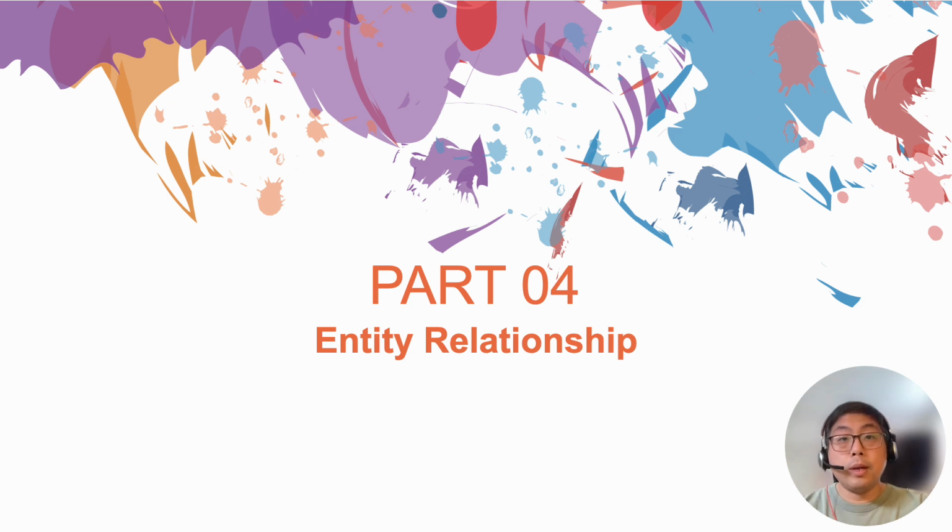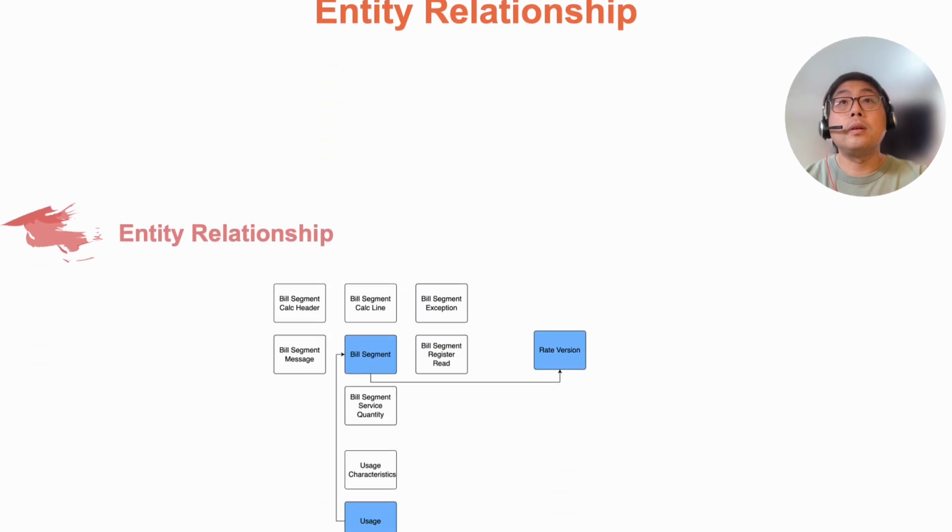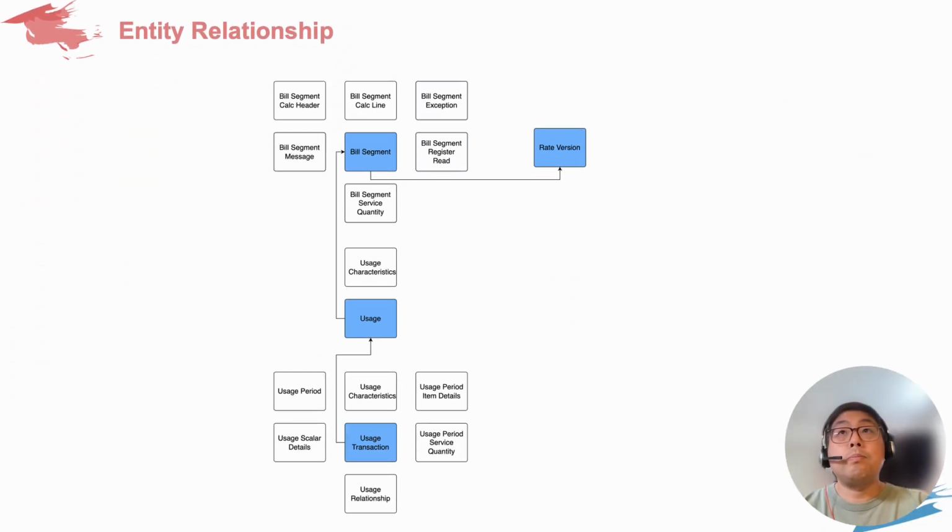Okay, lastly we look at the entity diagram. This is pretty straightforward: bill segment, usage transaction.